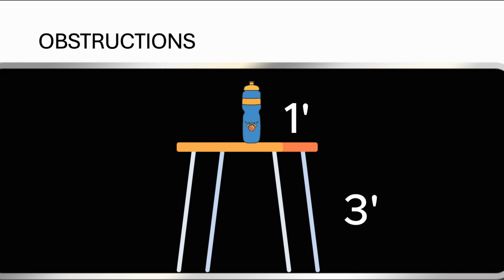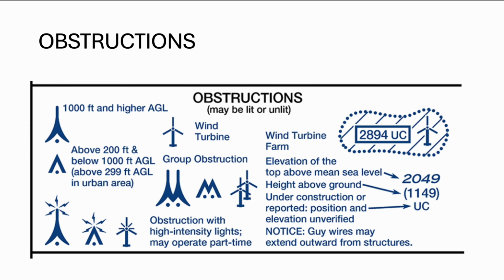If I place my water bottle on top of this table, that top number right here is going to be 4 feet. Because if the ground is mean sea level to the top of the water bottle, that means it's 4 feet. Now the bottom number would only be 1 foot, because it's taking out the elevation of the ground and just measuring the height of the obstruction, not necessarily the elevation included with the terrain.